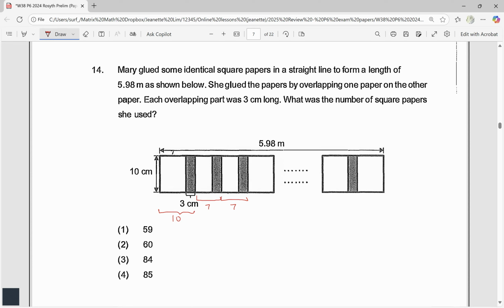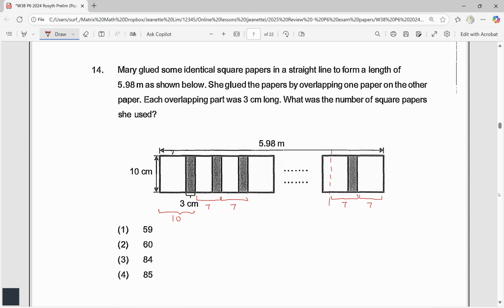So it'll be 7, 7, 7, and so on. Then for the last part here, this would be a 7. So every square piece is a 7. Then the last part here is also a 7. Now, only the first piece is a 10 cm. The rest will be 7 cm.